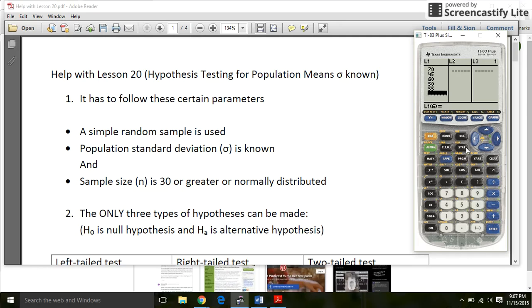And what that does then is if I go to stat and over to test and hit this, I actually have data in there.